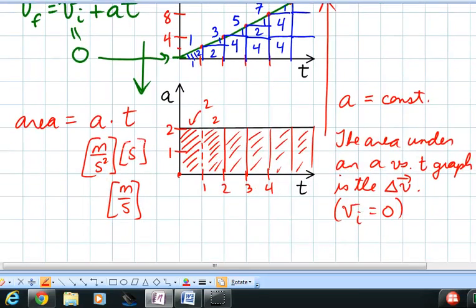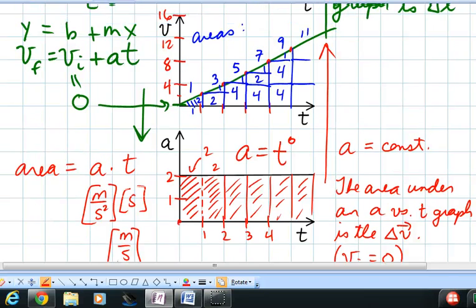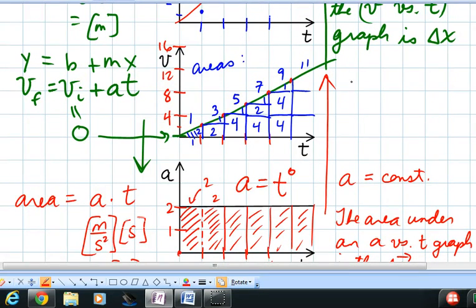The acceleration graph is something along the form of a equals t to the 0 power. What's t to the 0 power? Well, that's 1, and then we have a constant. This one, the velocity graph, is something like v equals t to the first power.